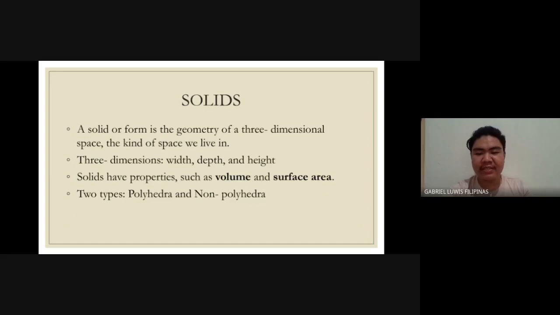For volume, think of how much water a container could hold. For surface area, think of the area that you would have to paint. There are 2 types, the polyhedra and non-polyhedra.